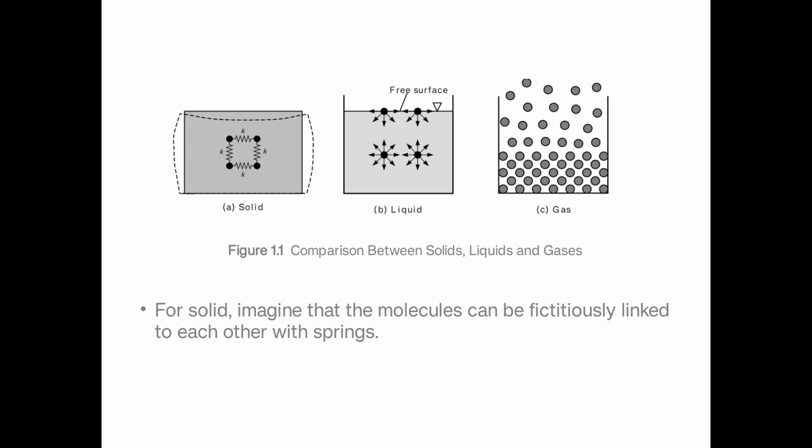Like it was shown here, if you see the solids, you can imagine that molecules can be fictitiously linked to each other with springs, which means the atoms or the molecules in a solid are organized, and they follow a bonding nature, and those physical bonds are very strong in solids.